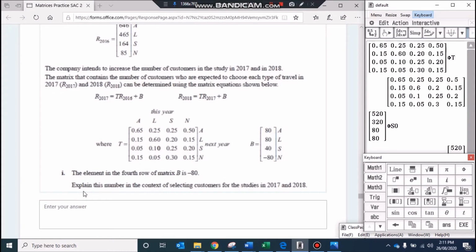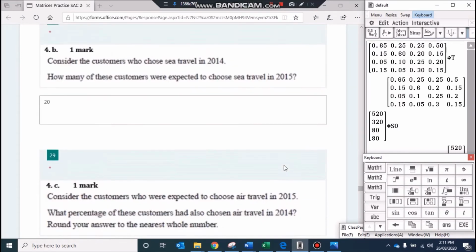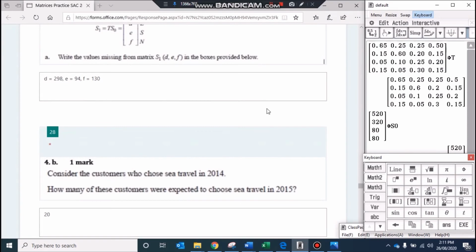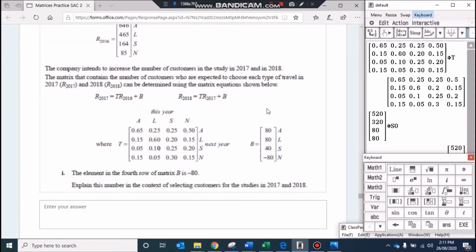Now what we're going to do is explain this number in the context of selecting customers for this study in 2017 and 2018. So in the fourth row here, it's the letter N. Now let's remind ourselves, the letter N is denoted by people who do not choose to travel, so they're choosing no travel. So the number of people who are not choosing travel is going down by 80.